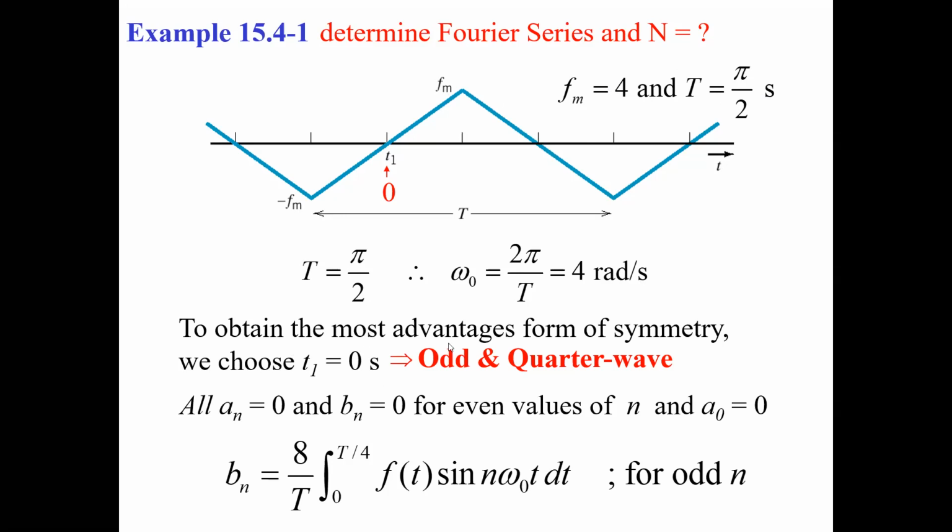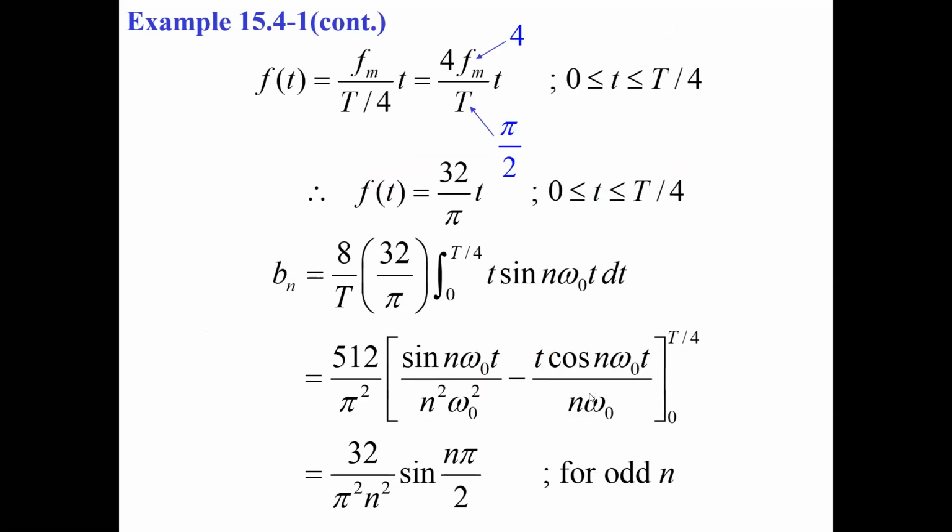To obtain the most advantage from a form of symmetry, choose t1 equal to 0 second, odd and quarter wave, and all an is equal to 0, and bn is 0 for even values of n, and a naught is equal to 0. So bn for odd n, and f(t) is Fm by T by 4 t, do the calculation.